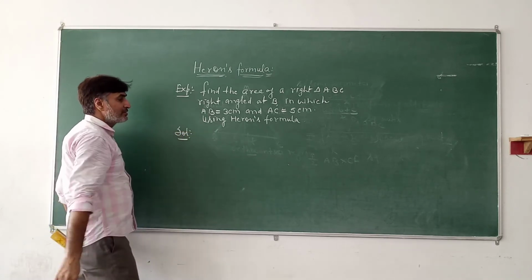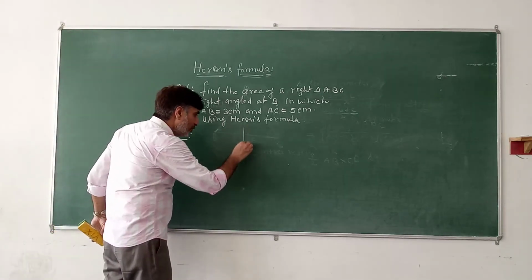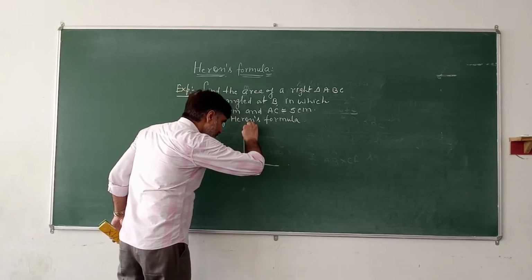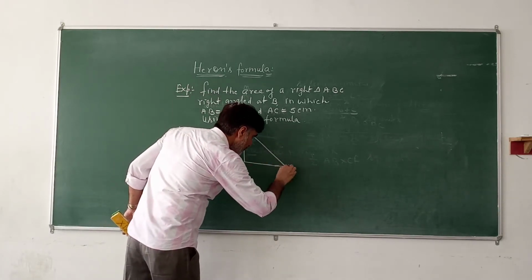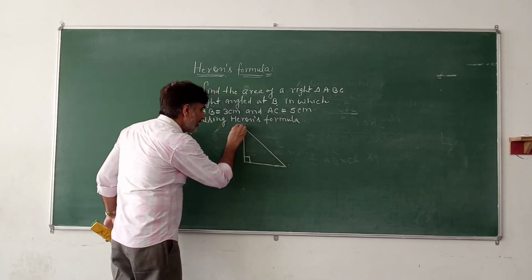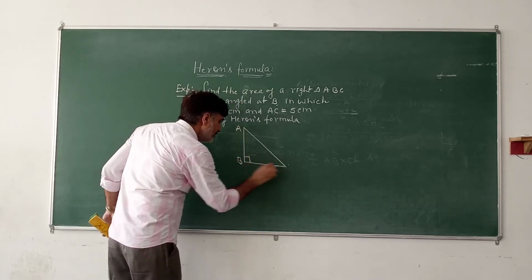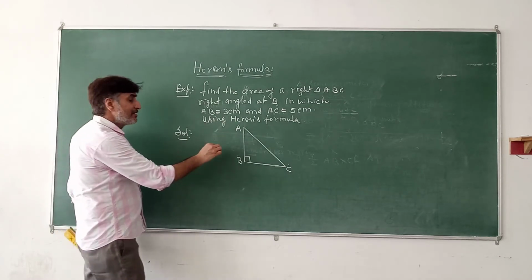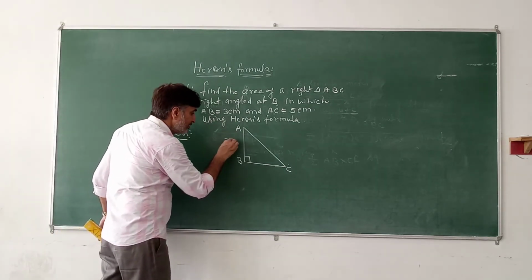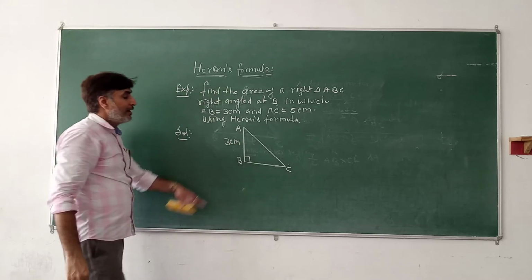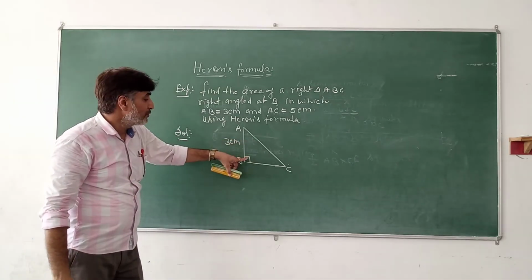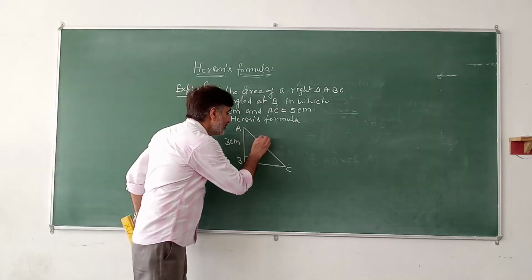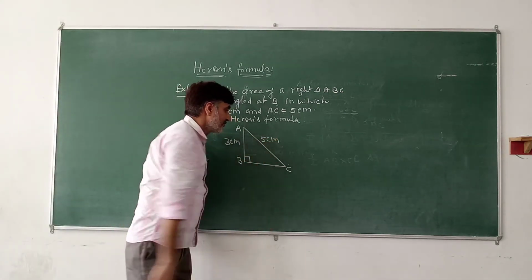For this students, first of all, we draw a right triangle ABC, which is right angled at B. In this right triangle, side AB is given 3 centimeter, and this longest side opposite to 90 degree, which is called hypotenuse, is given 5 centimeter.